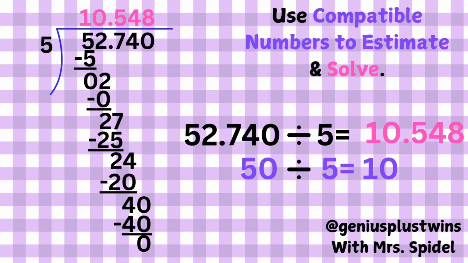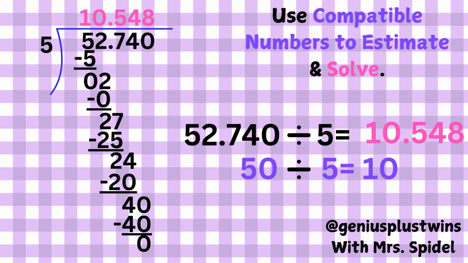When I subtract, I will be left with 2. Then I can bring down the 4 next to the 2. 5 times 4 is 20, so I will place a 4 on my answer line, and I will place 20 underneath the 24. When I subtract, I will be left with 4.